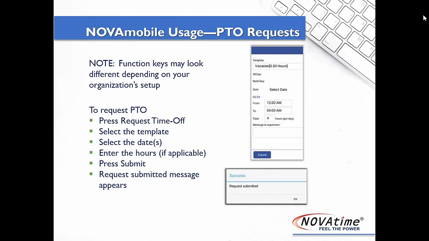So there is a question: is the setup different for NovaMobile in the Windows app? As far as the phones are concerned, the setup is the same as on the web. You won't need to worry about anything in that regard. It's essentially the same deal. You just set it up with the news record. Everything is going to be using the news record, and everything is going to be based off of the access groups.